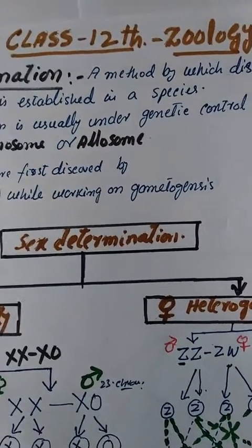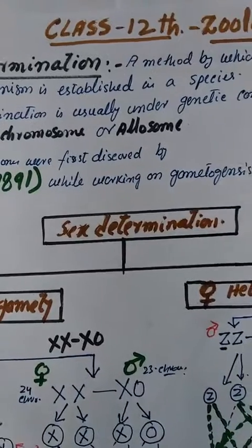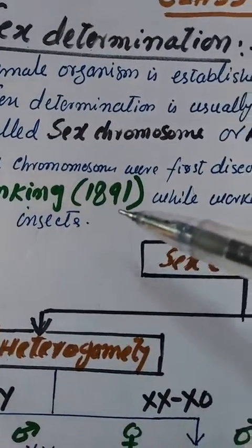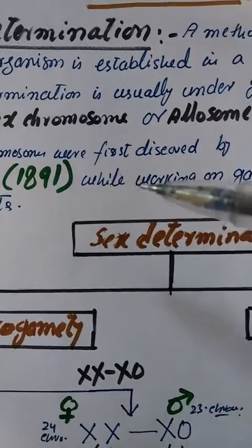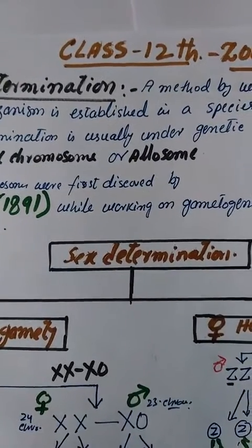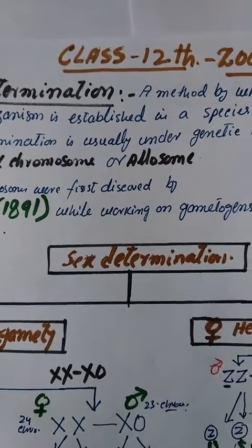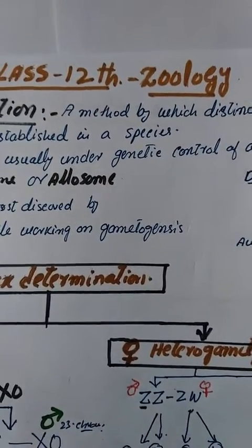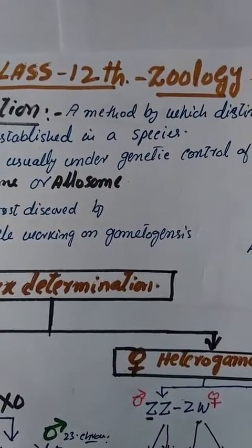Now, these sex chromosomes were first discovered by Henking in 1891 while working on the gametogenesis in insects. We already know that every organism has a definite number of chromosomes.